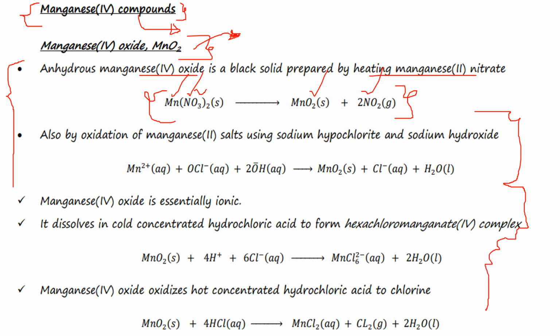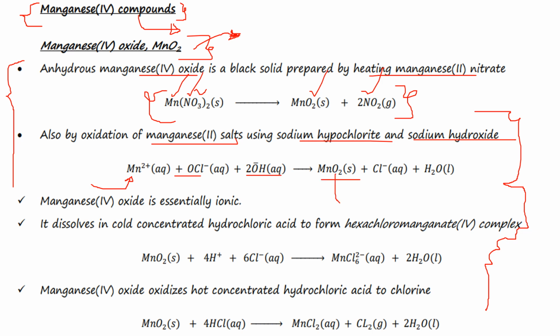So let's also look at the oxidation of manganese(II) salts. By oxidation of manganese(II) salts using sodium hypochlorite and sodium hydroxide solution, we form manganese(IV) oxide. So when sodium hypochlorite is mixed with sodium hydroxide as the alkaline medium, and we add a test solution containing manganese(II) ions, we form manganese(IV) oxide.